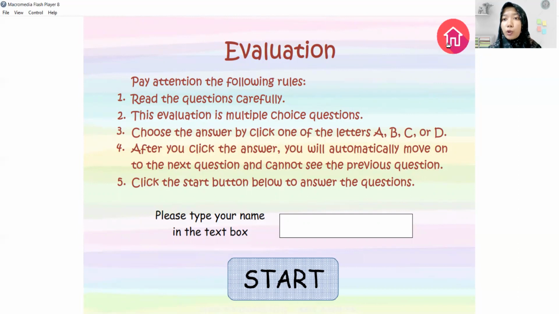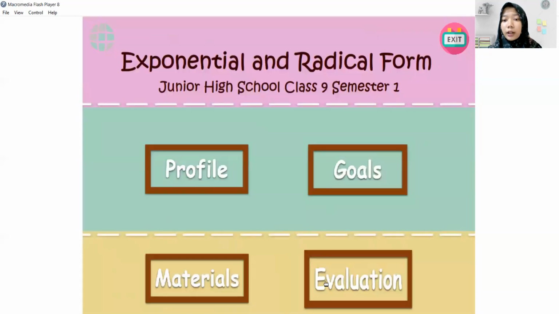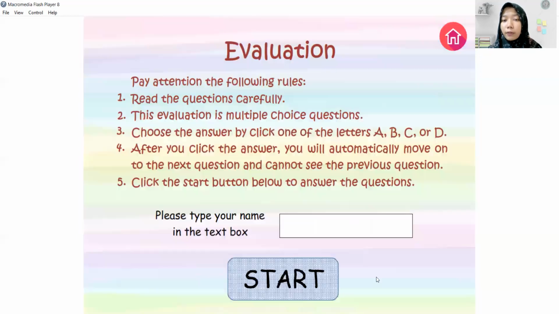Or students can go back to the main menu. Students can click the home button. Students can click the evaluation exam. Students can read this instruction. Pay attention to the following rules. Read the questions carefully.